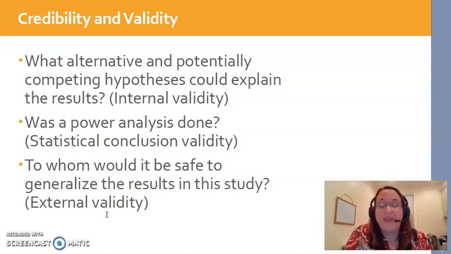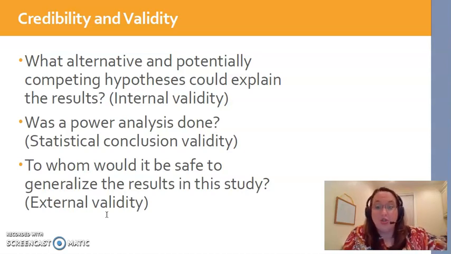For example, if I'm doing an experiment and I run a power analysis, which is just a calculation, and it tells me I need 240 people in my study, then I've got to make sure I have at least 240 people so that I can trust the statistical conclusions drawn from my study.